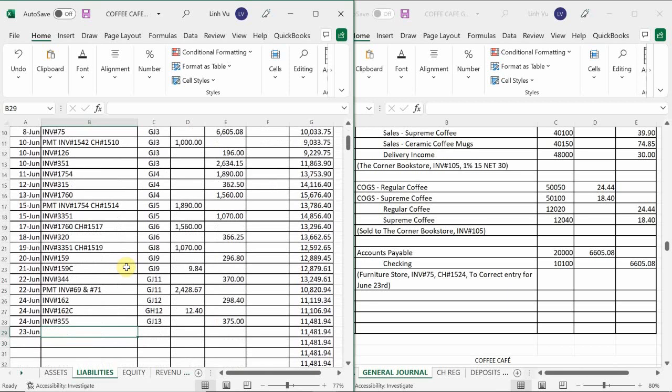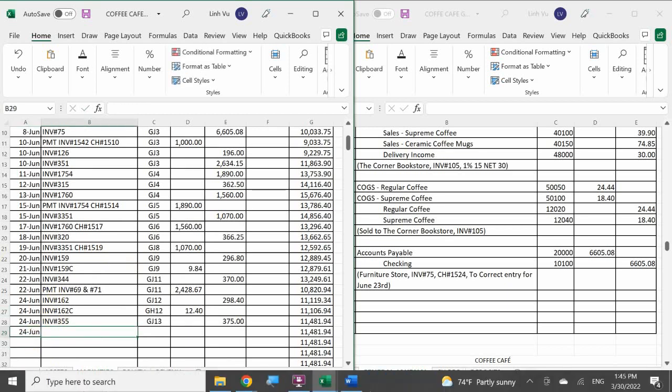Now again, this is one of those things where you have to fix it or make a note on there, or in this case, I guess you could just do the 24th and make the note saying this was meant to be on the 23rd. Okay? So again, we got to pay invoice number 75, okay, on June 23rd, okay.